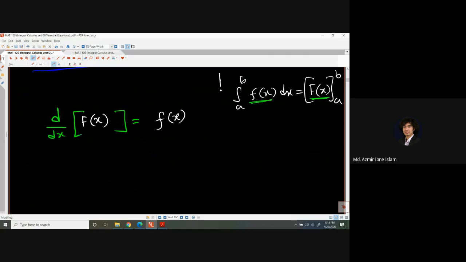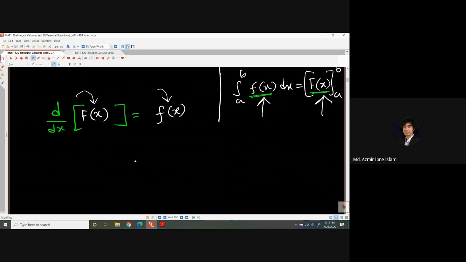In other words, if we integrate small f of x, then we will get the antiderivative capital F of x. So the derivative of the antiderivative will give us the main function back. This is the relation of antiderivative and the main function.